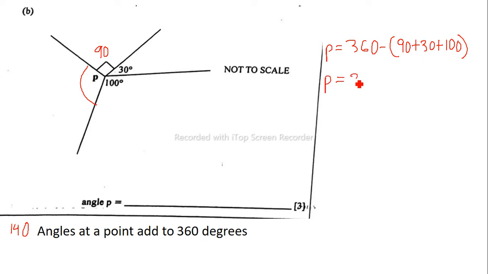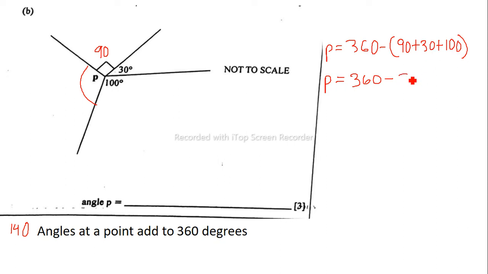So 360 minus, what is 90 plus 30? 120. And what is 120 plus 100? 220. Very good. So it's going to be 220.